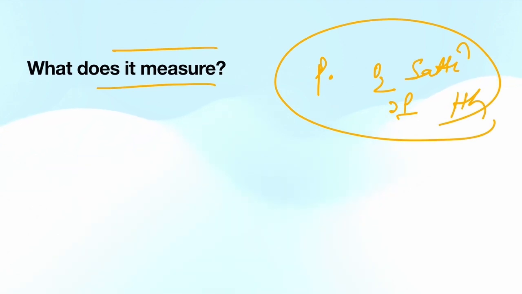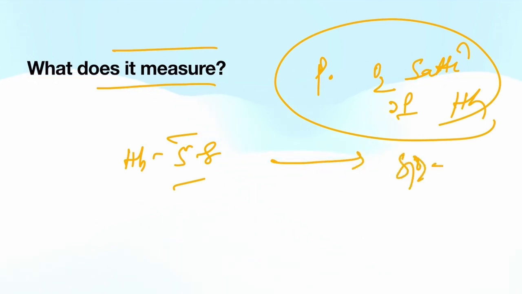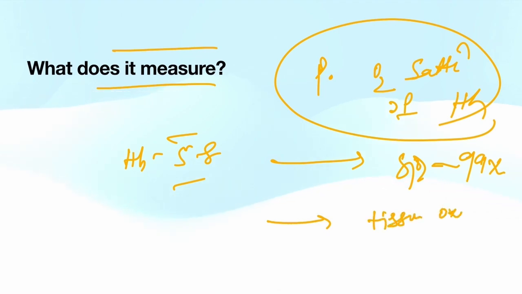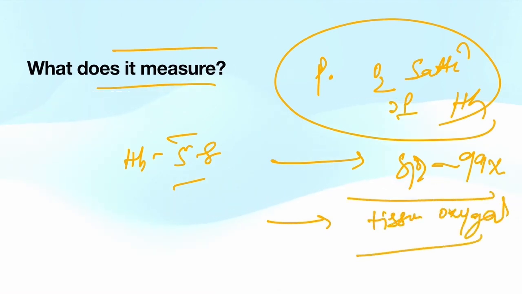In this patient who is severely anemic, with an HB value of 5.8, still your oxygen saturation will be normal. It won't affect the oxygen saturation because oxygen is fully saturated in spite of a low HB. Also, it does not represent tissue oxygenation, right?